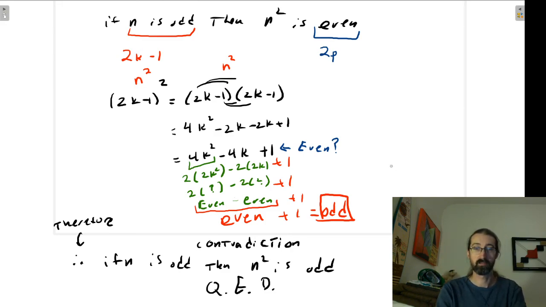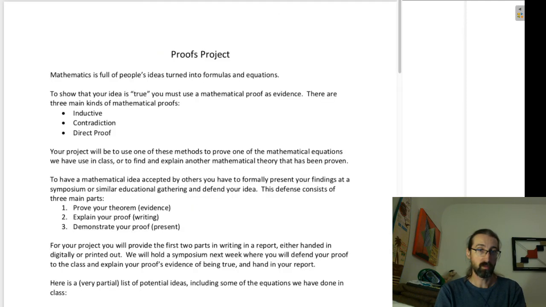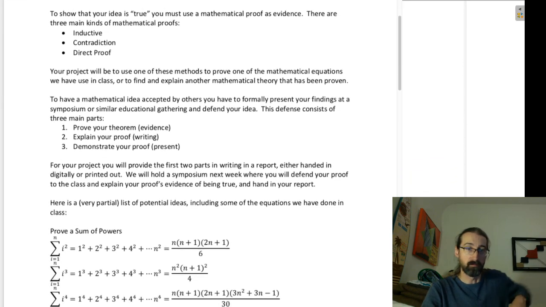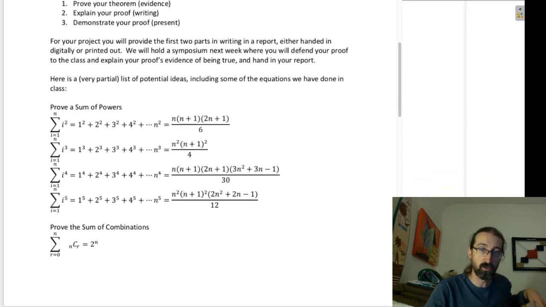So this is the idea behind your proof project. Okay? You can do some research. You can look up the list of things. Let me show you the thing again. So on this document here, I show you lots of ideas of different proof projects. Down here is a bunch of things you could do induction from.